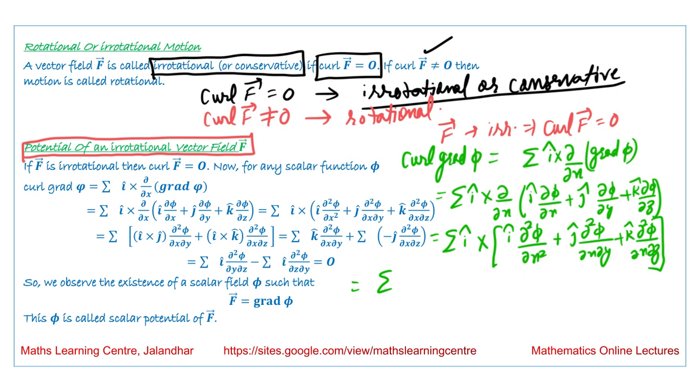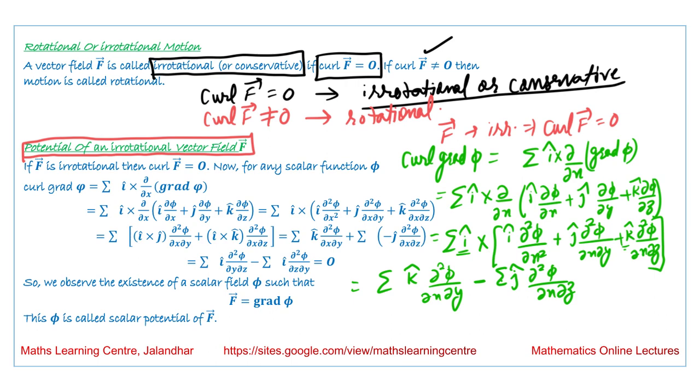The next term involves k cap curly 2 phi by curly x curly y. Next, i cross k is equal to minus j, so we write minus sigma j cap curly 2 phi by curly x curly z.